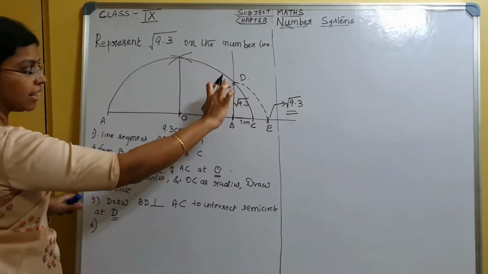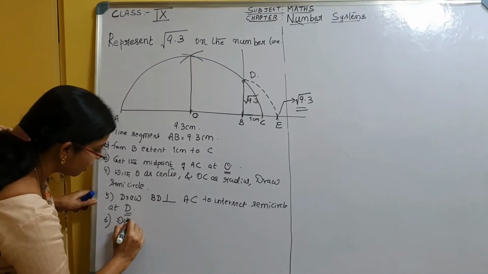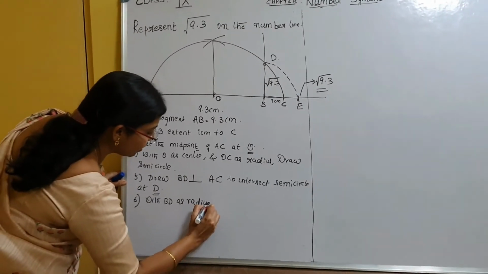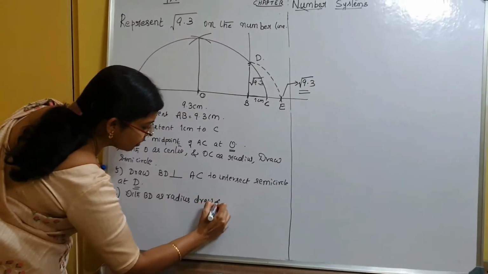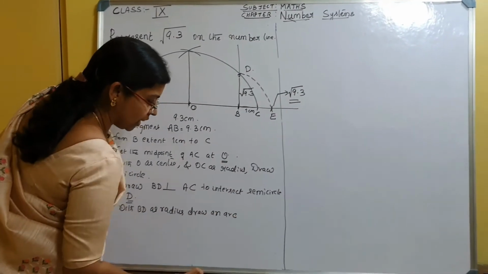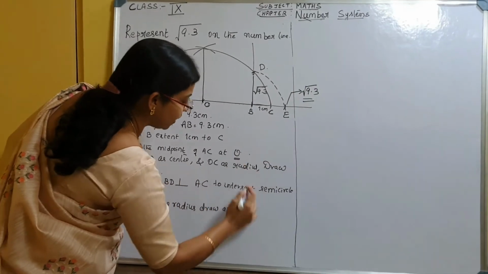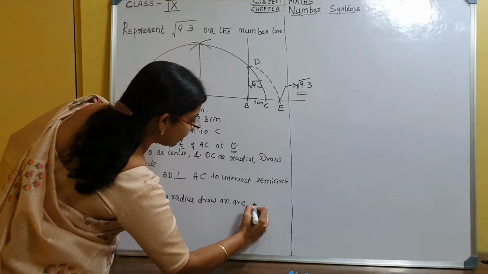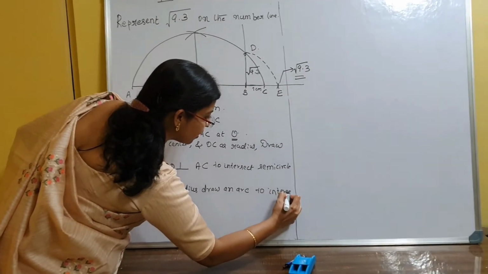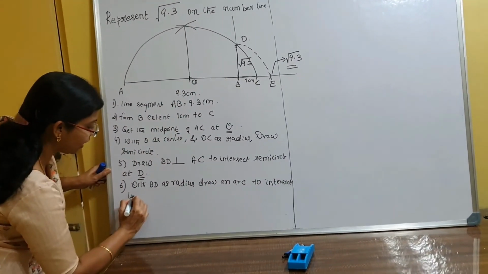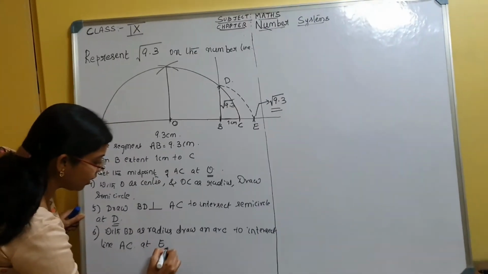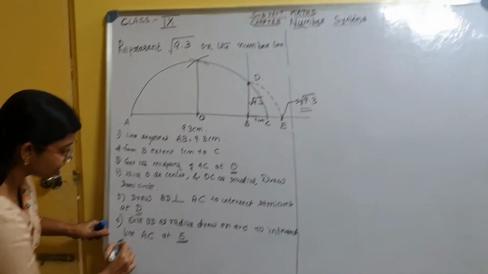With BD as a radius, draw an arc passing through D to line AC. Draw an arc to intersect line AC at E. So what is it?